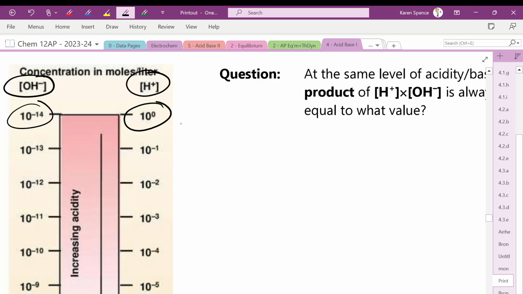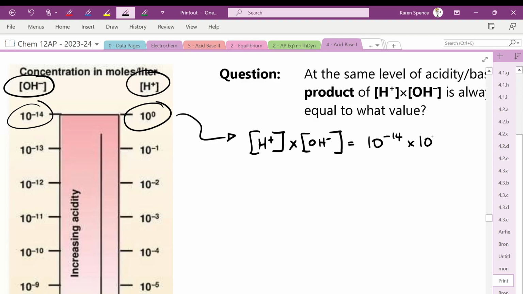What do you get if you multiply concentration of hydrogen times the concentration of hydroxide? That's going to be 10 to the negative 14 for hydrogen, yes, times 10 to the 0, or I'm sorry, I've got them backwards, don't I?